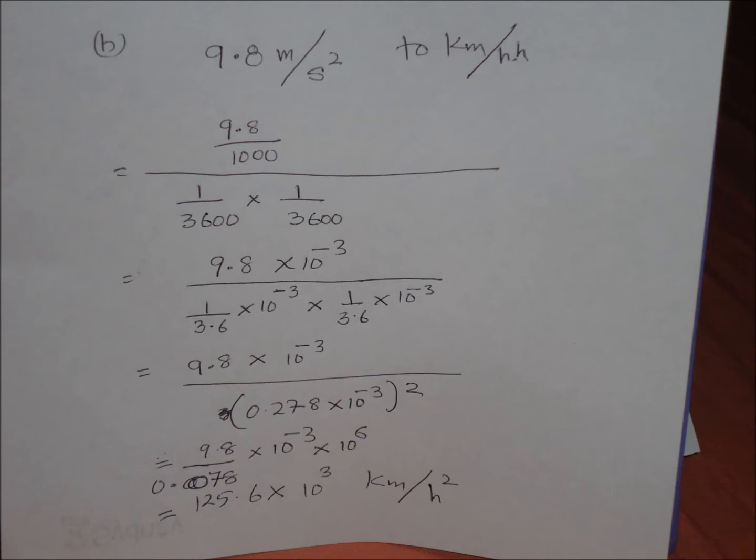The other 3,600 also can be written as 1 on 3.6 times 10 to the minus 3. So I'm now concentrating on the denominator, which is 1 on 3.6 times 10 to the minus 3, times 1 on 3.6 times 10 to the minus 3. The same thing as 1 on 3.6, which on a calculator is 0.278, times 10 to the minus 3, the whole thing squared.